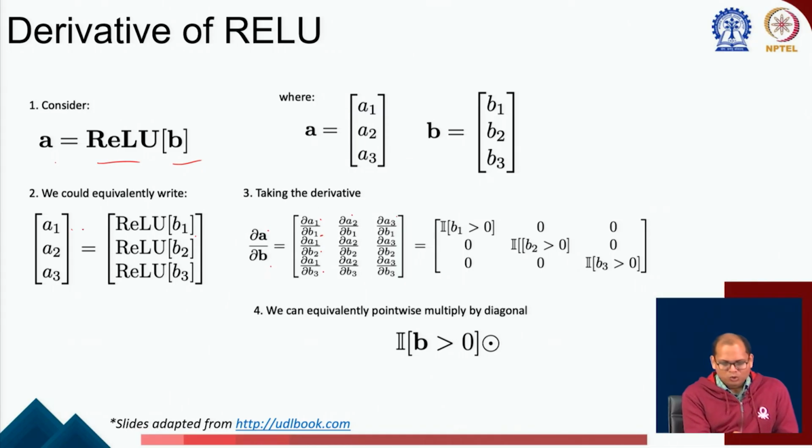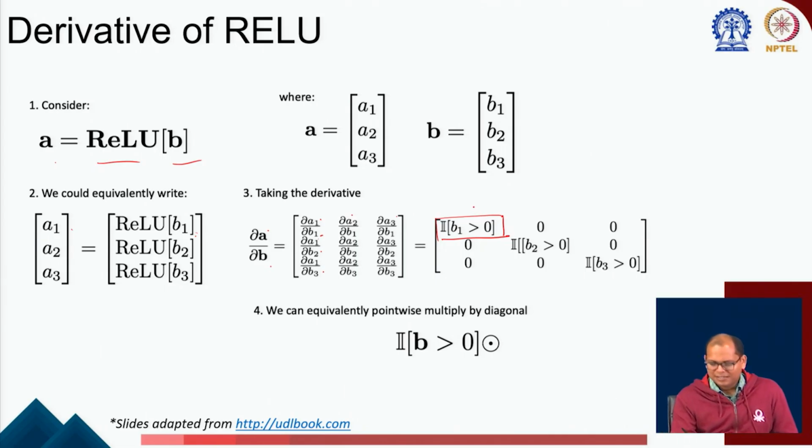Now when I do dou A1 with respect to B1, I'll say okay, ReLU B1 over B1, right? If B1 is greater than 0, this will be 1, otherwise 0. So I can simply write it as an indicator function: if B1 is greater than 0, this quantity will be B1 over B1, otherwise it will be 0 over B1.